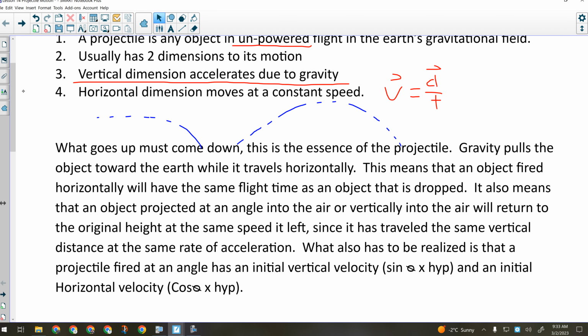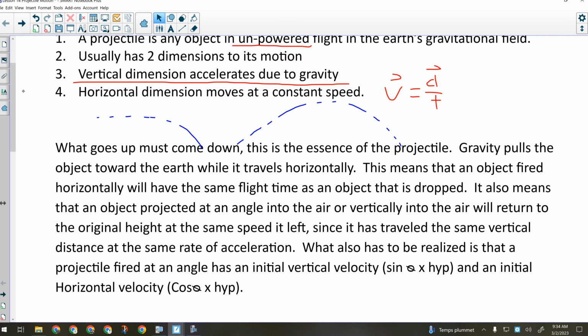Okay, so think about this. I threw it and caught it in the same position. That means it traveled upwards and downwards the same distance. Agreed? Okay, and once it left my hand, and I wasn't throwing it anymore, what was its rate of acceleration? What was the only force acting on it once it left my hand?